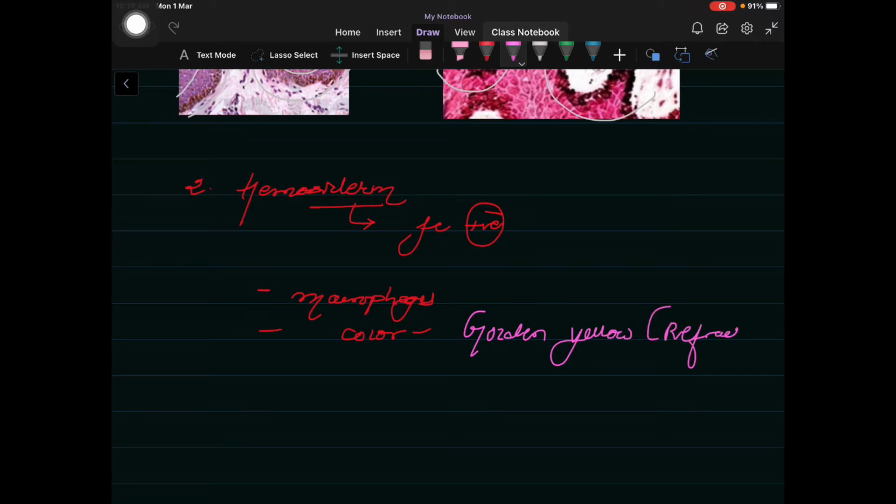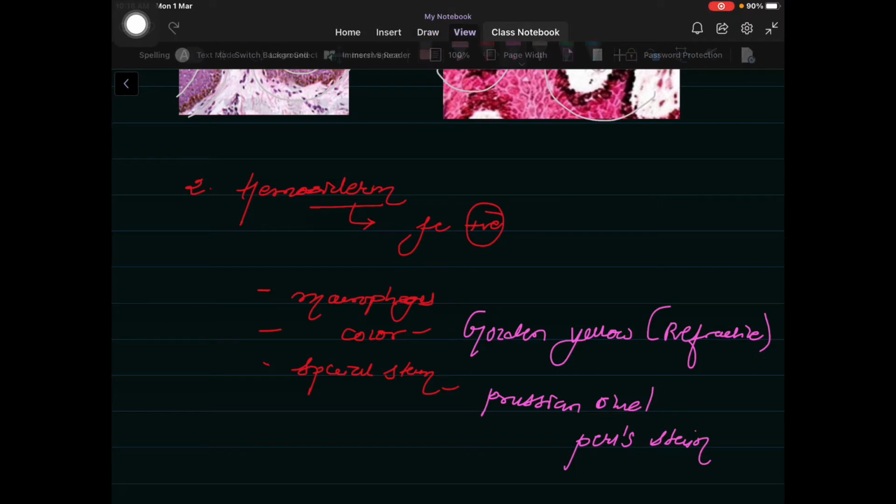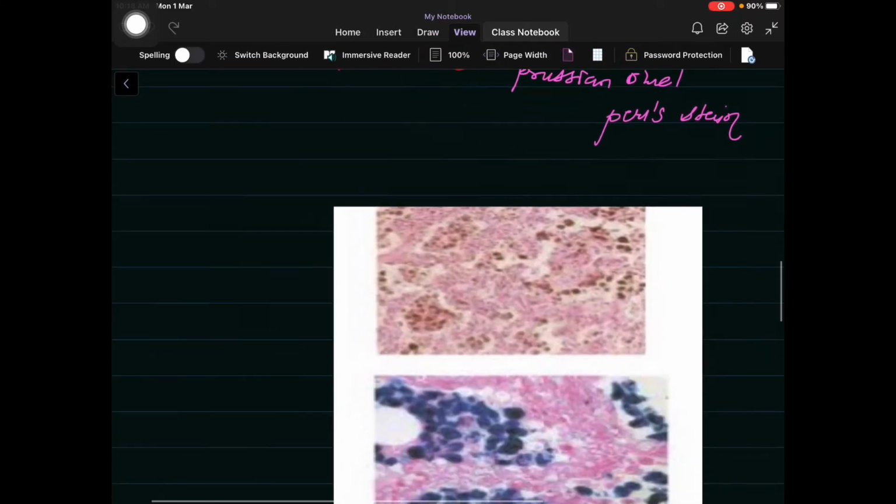Not only golden yellow, but it is refractile golden yellow in color. And the special stain used to stain the hemosiderin is Prussian blue or the Perls stain. So let's check out.